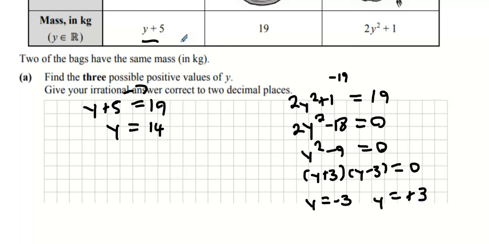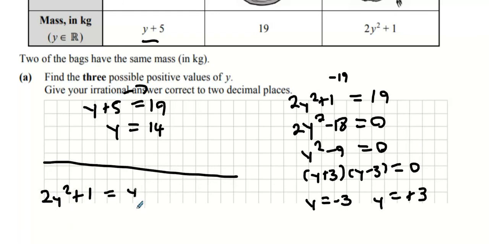The last one is bag A equals bag C, so the other answer could be 2y squared plus 1 equals y plus 5. Move everything to the left, so we get 2y squared minus y minus 4.